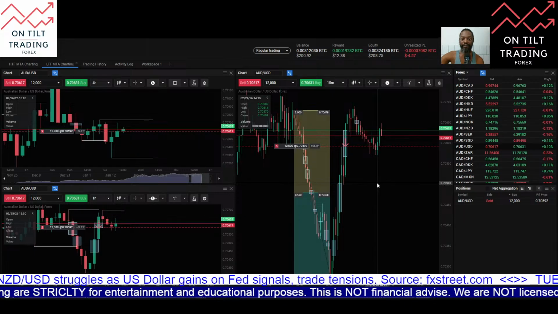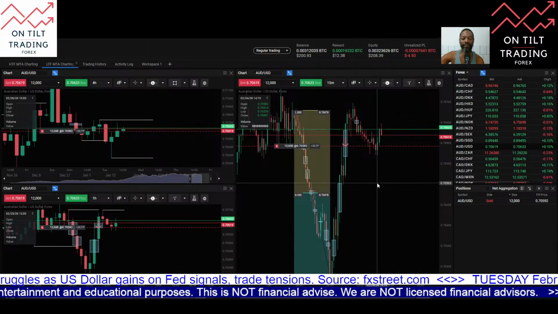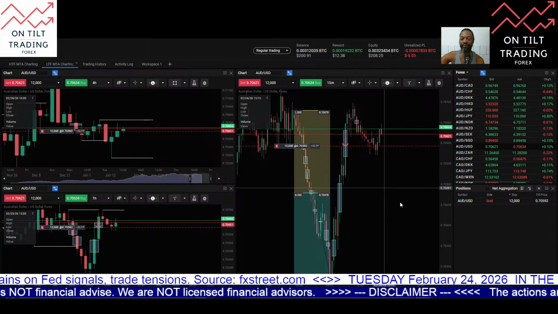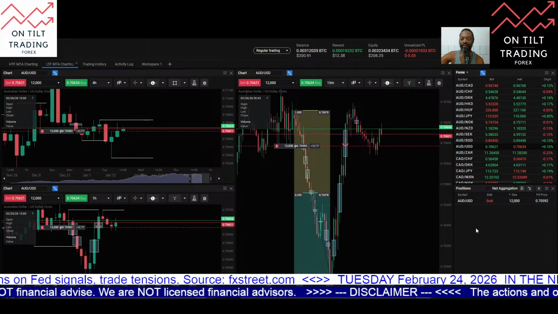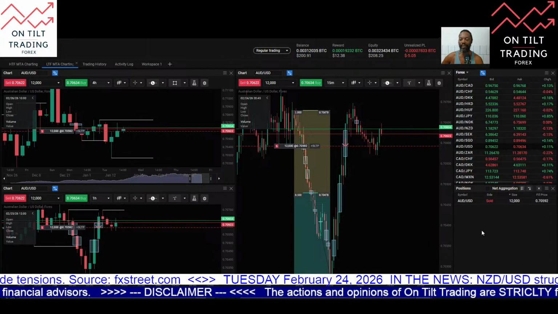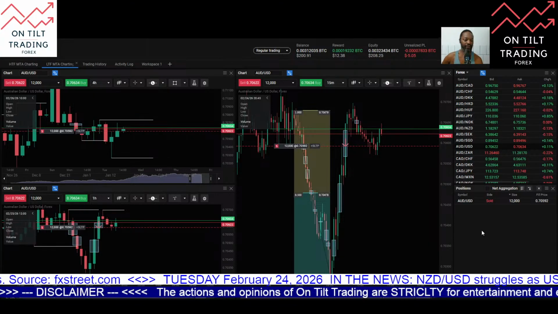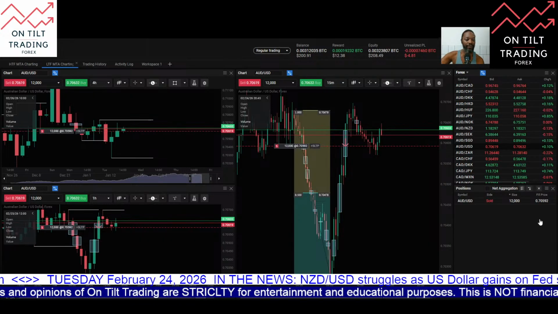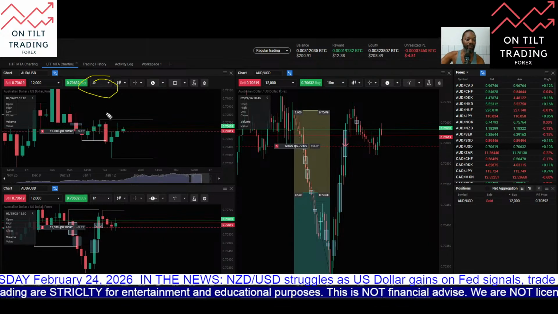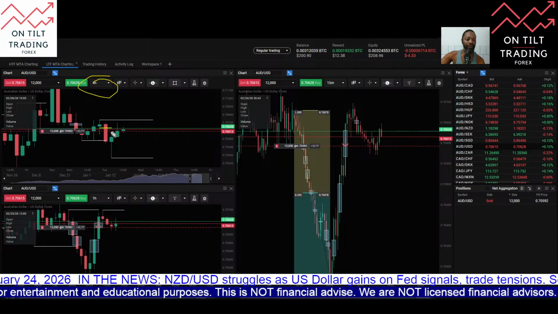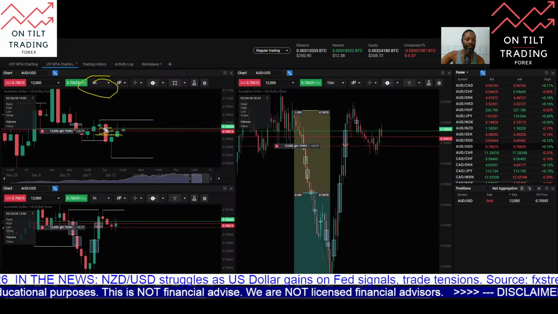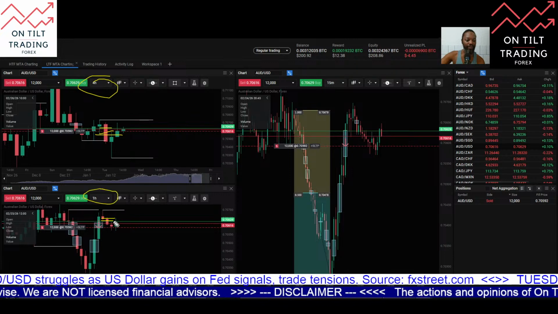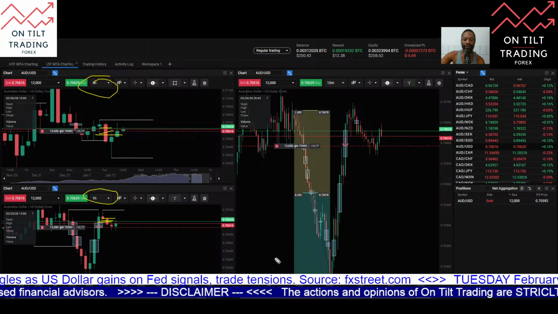So that price is 76.14. So far price is at 76.17. So very close to closing in that gap, or that potential gap. And then you can see here on the 4-hour, price trading into this volume imbalance here, and then on the 1-hour, similarly, price trading into this volume imbalance here.